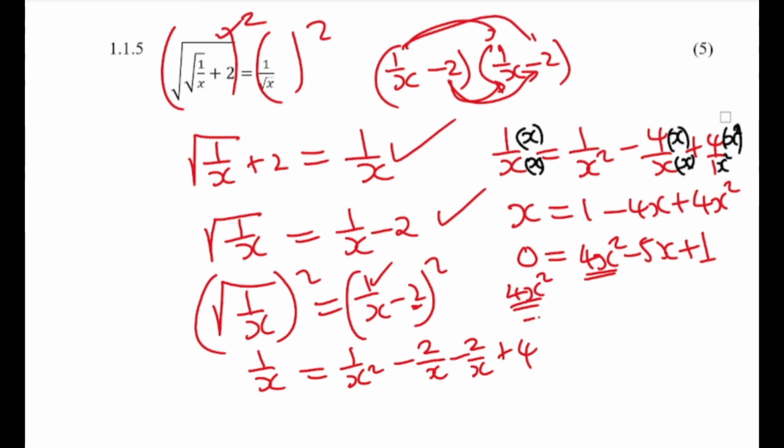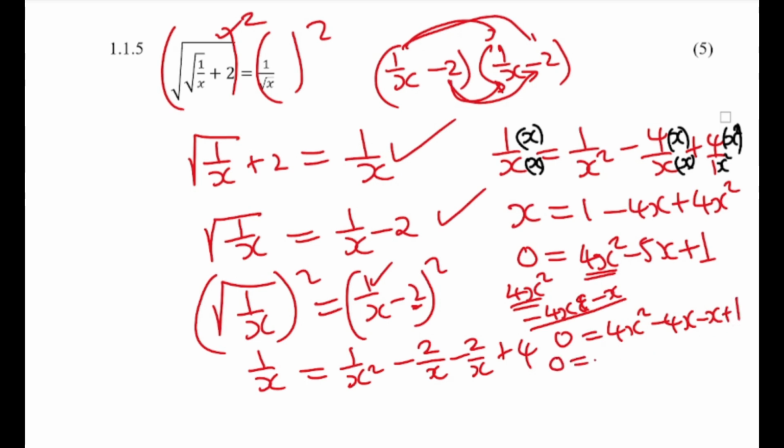That should be negative 4x and negative x. If you say negative 4x times negative x, you get 4x squared. And then if you say negative 4x minus x, you get negative 5x. So you replace negative 5x with these two. So 0 is equal to 4x squared minus 4x minus x plus 1.